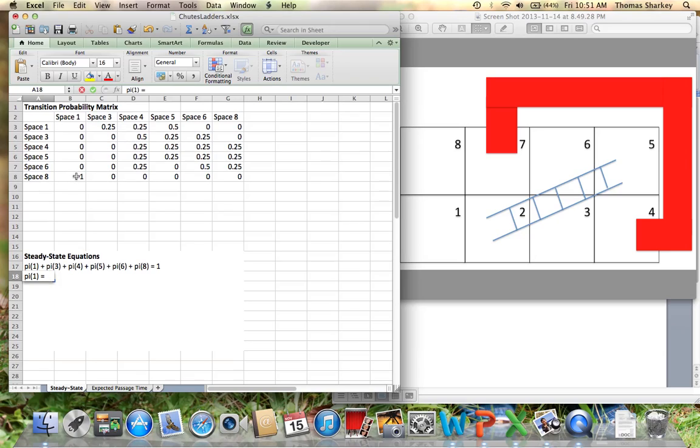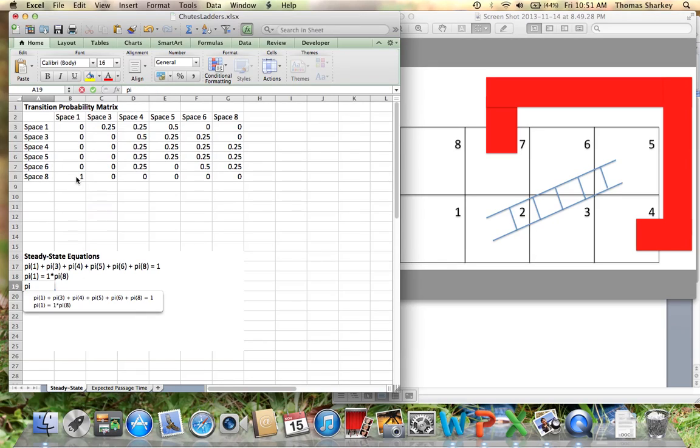This one's pretty easy because there's only one state that we can transition from into space 1, and that's space 8. So we know pi of 1 has to equal 1 times pi of 8.